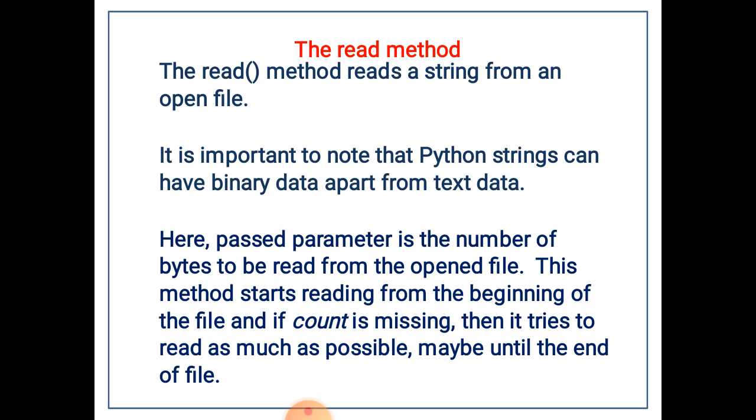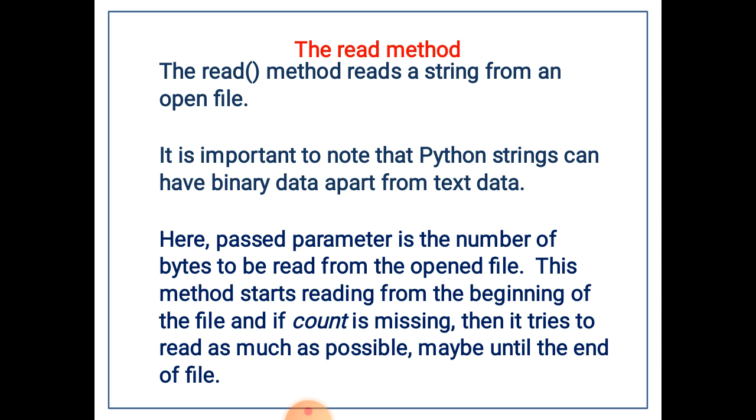Now the read method. The read method reads a string from an open file. Remember about the write method: the write method writes a string to an open file. The read method reads a string from an open file. Here also the same thing has been repeated, that Python strings have binary data along with the text.